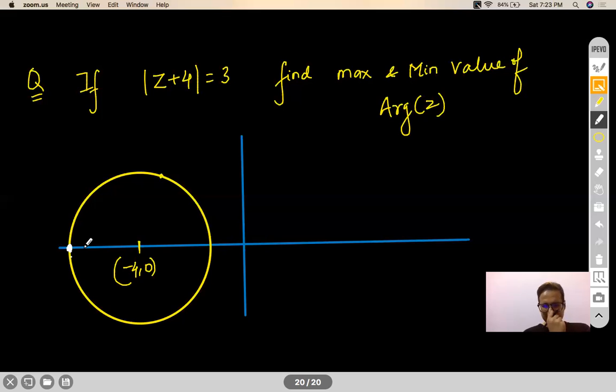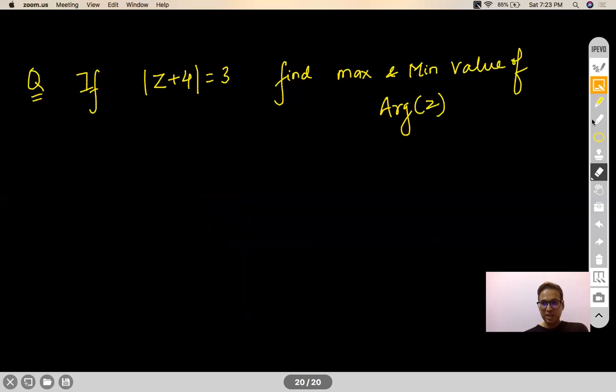But let me frame this question in a slightly different way. My intention was to ask you something else, so let me erase this figure and change my question. Question is now: there is a complex number which satisfies mod z minus 4 minus 4i is equal to 2.